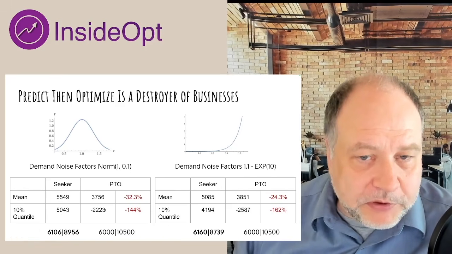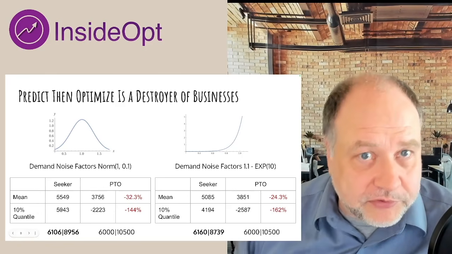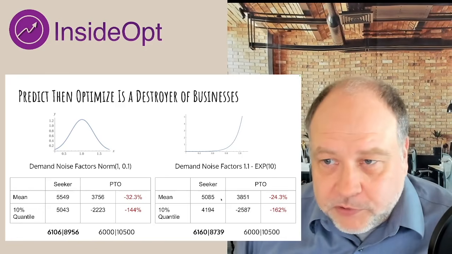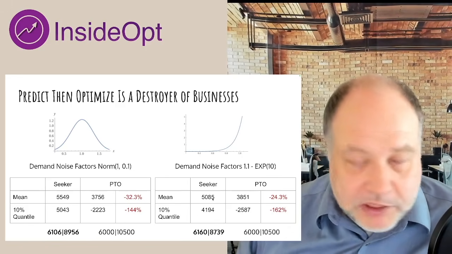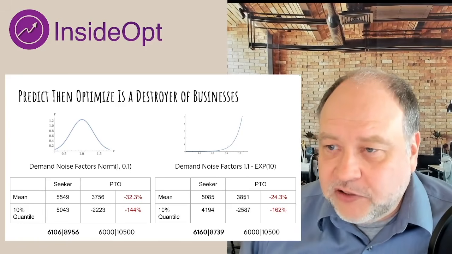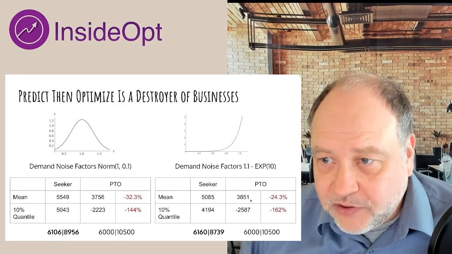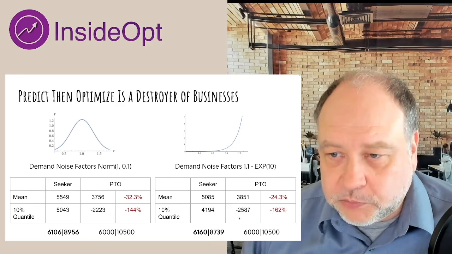The predict and optimize would actually lose $2,200, whereas the stochastic solution still gives us over 5,000. For this noise distribution, we get a different solution, obviously. Here, the mean profit would be roughly 5,100, whereas PTO is at 3,900, 24% less than what you get with the stochastic optimization. And in the quantile, again, it's much more pronounced.